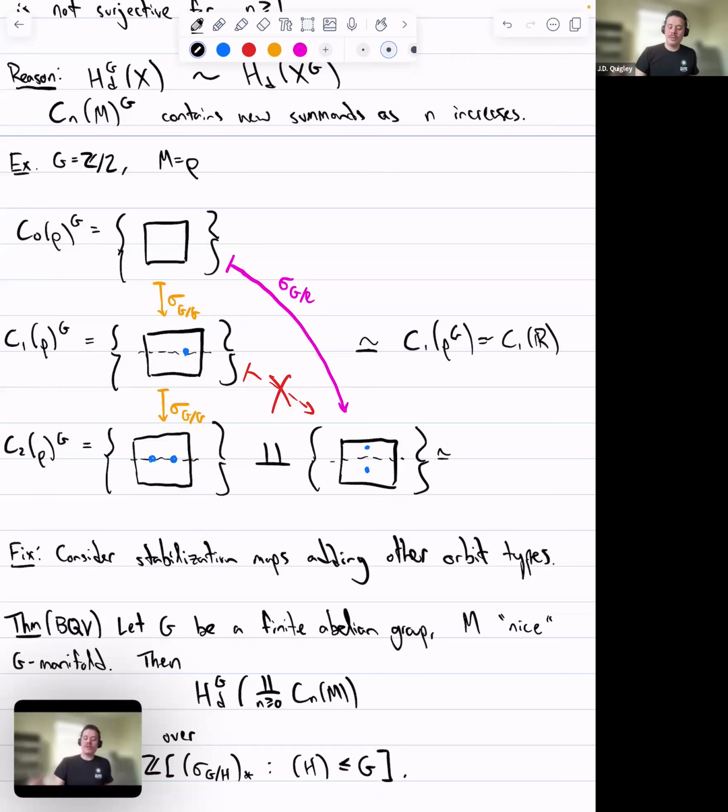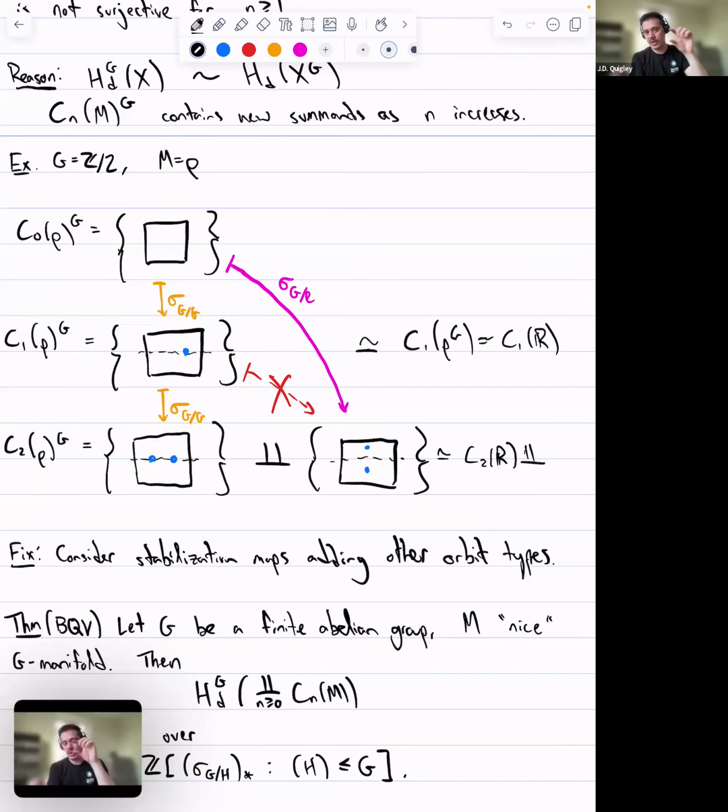For C2 of rho, I've got configurations of two fixed points. So C2 of R, disjoint union. Well, I have to choose two points which are conjugate to each other. But once I choose one point, the other point is determined by acting by the group.